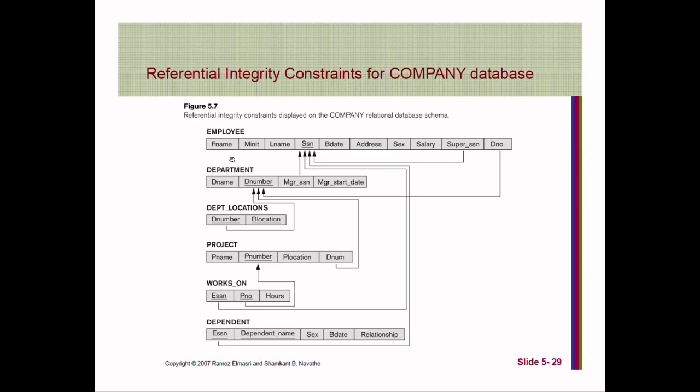Meaning those 10 employees, the D number value is set to null, meaning temporarily those employees do not have any department. Maybe later on they will be reassigned to other departments. But temporarily those 10 employees will have D number value null. This is the set null option.